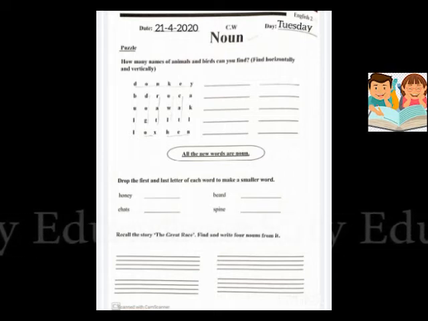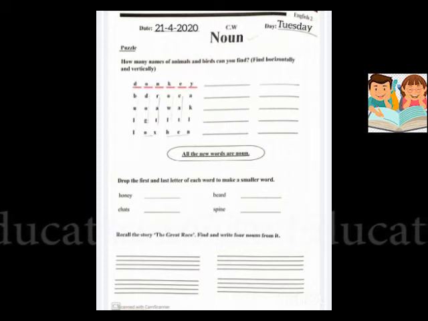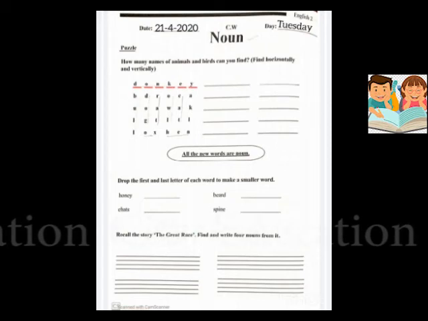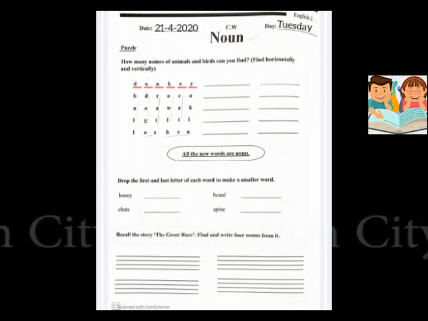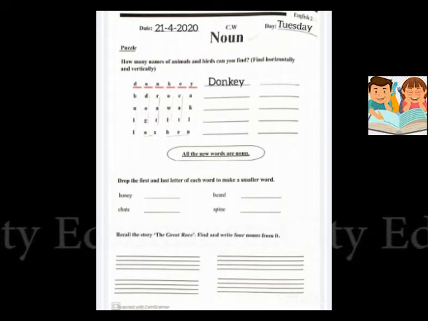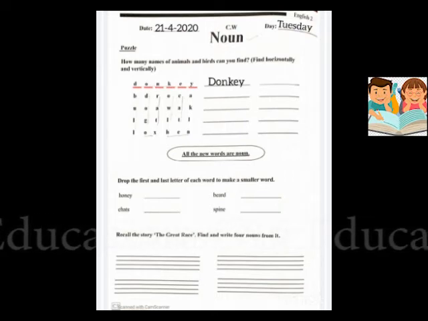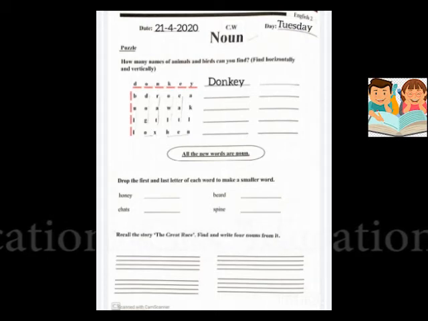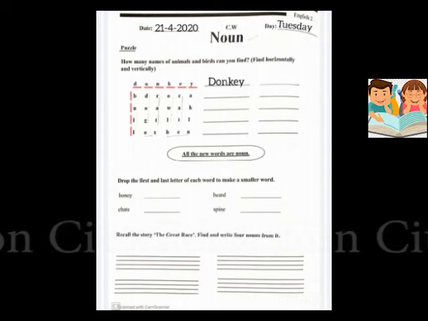Okay, so the first word we find is donkey in the horizontal line on the first line here, and we will write on the first blank donkey. Good. So the next we will see in the vertical line, in the first line, bull.